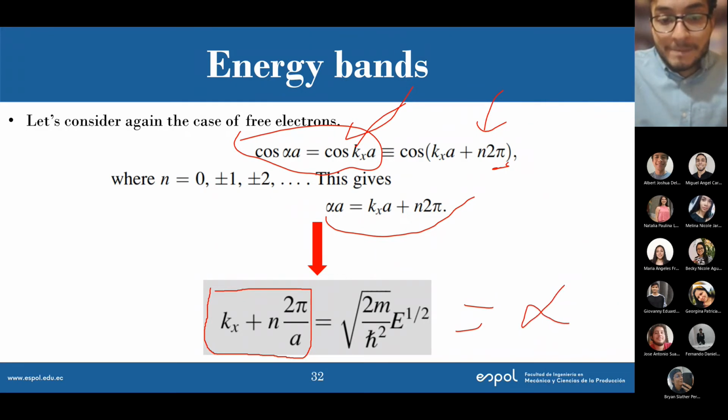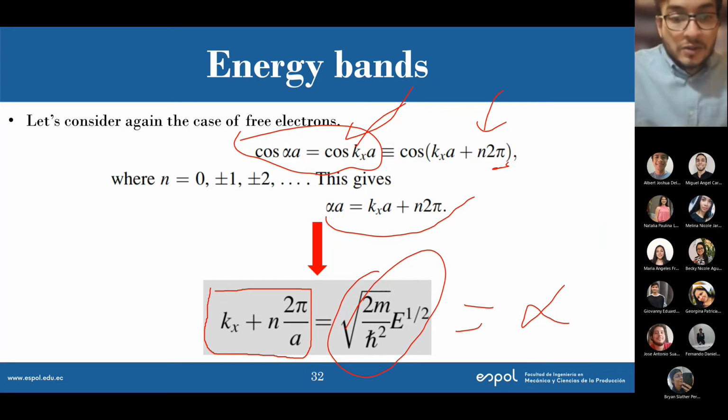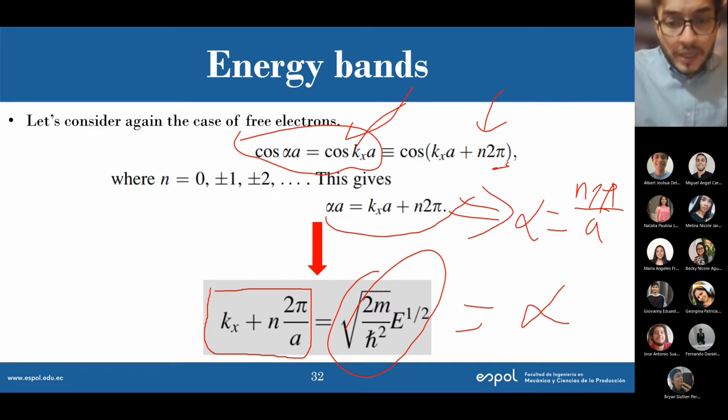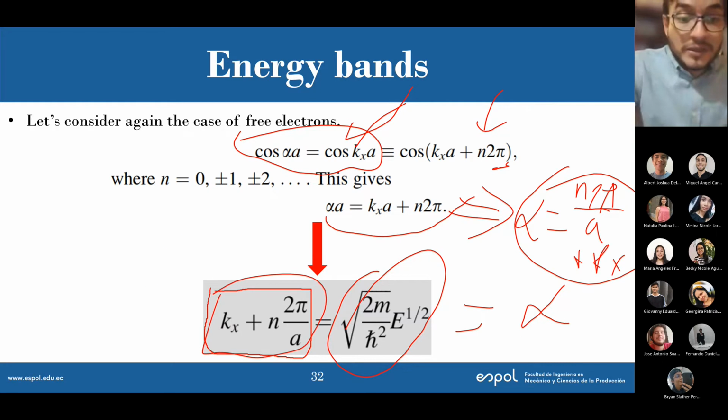Remember that alpha is also equal to this for the free electron, isn't it? So here you're just solving for alpha. Alpha is equal to n2 pi over a plus kx. So that's alpha from this equation, right?